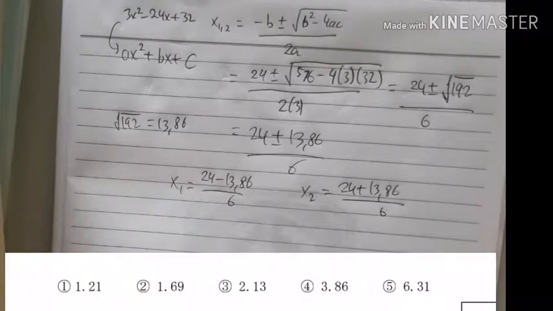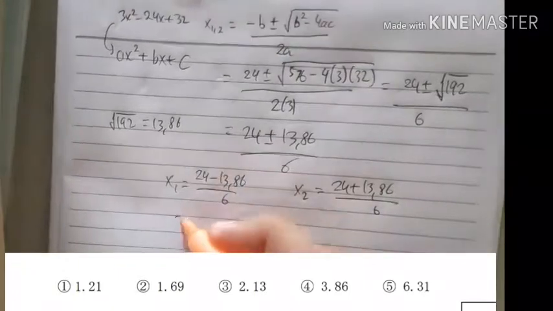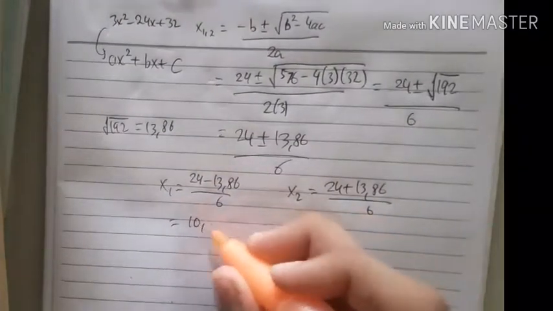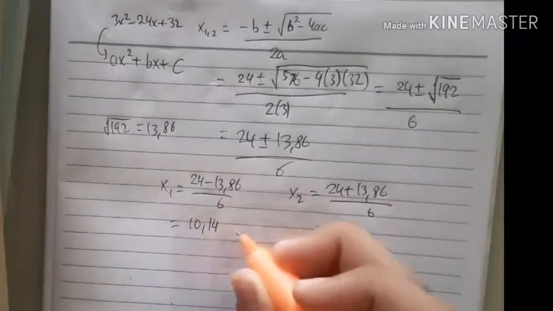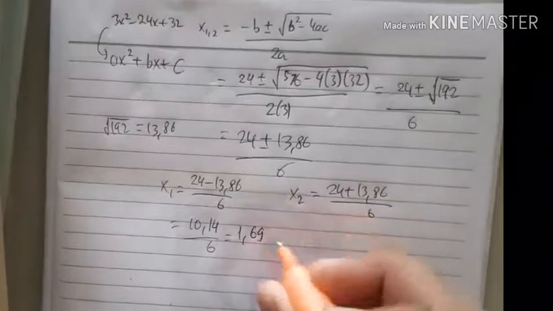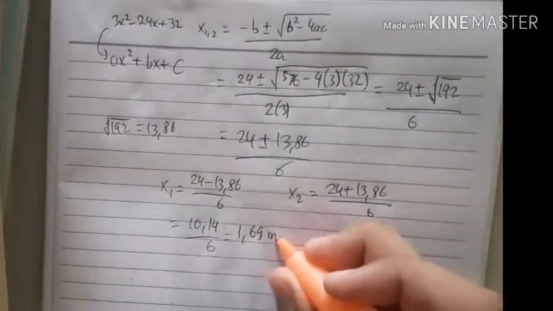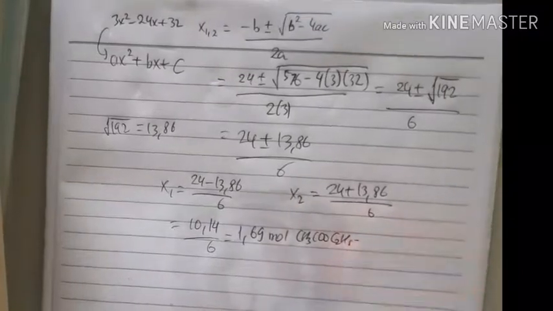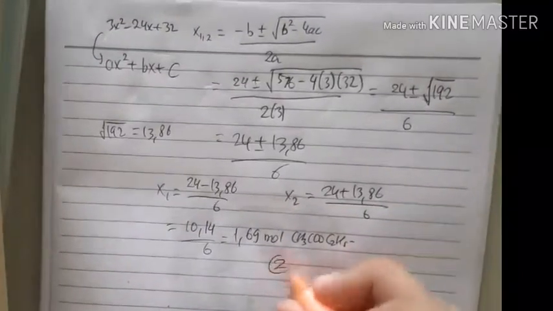The highest value is 6, so I think we just use 24 minus 13.86, which is 10.14, over 6, right, which is 1.69 moles of ethyl acetate. Okay, so the answer is option 2.